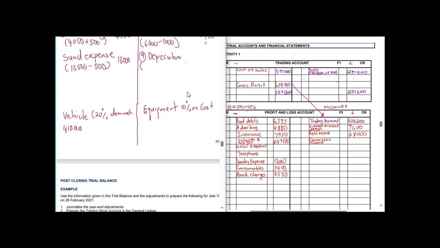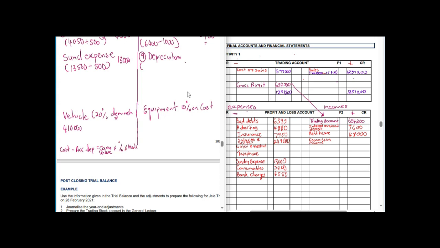And then we are calculating the diminishing balance method. Diminishing balance method is cost minus accumulated depreciation, which equals carrying value. And then we can multiply by our percent, and then multiply by months.